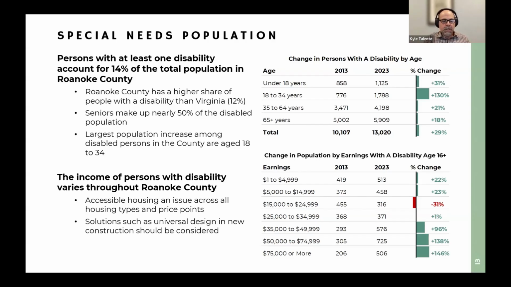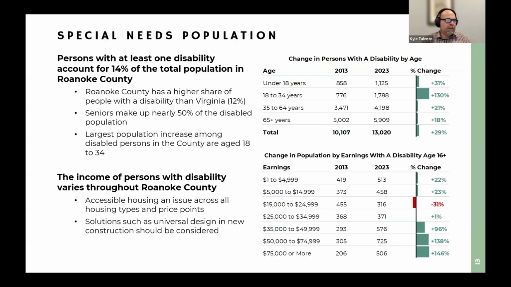Now, part of this, on a positive note, is that as time has gone on, identifying and defining what a disability is has become more clear. And so folks are more understanding of what that disability is. But you see, as our community has grown, so has the needs of individuals.